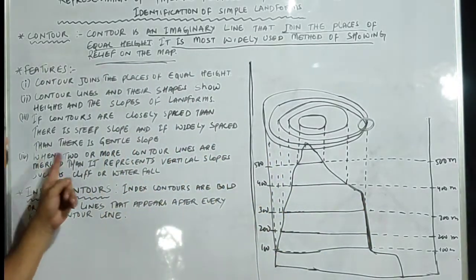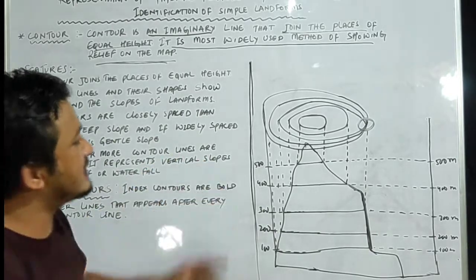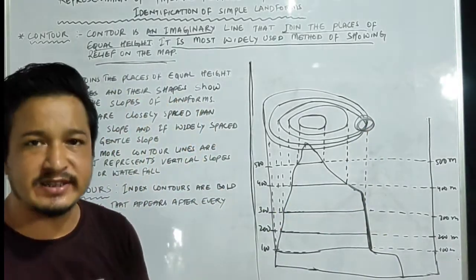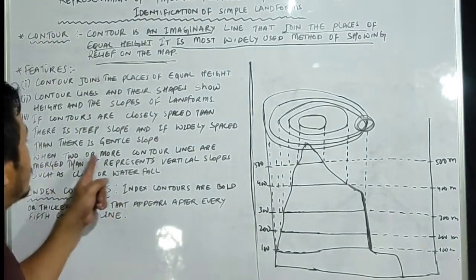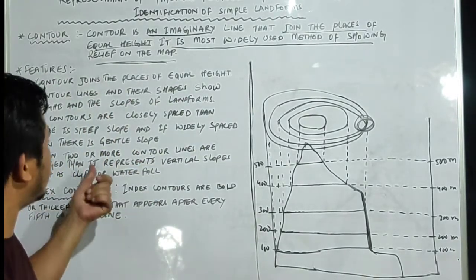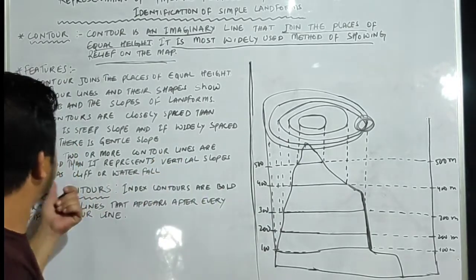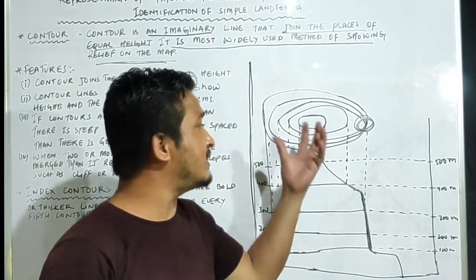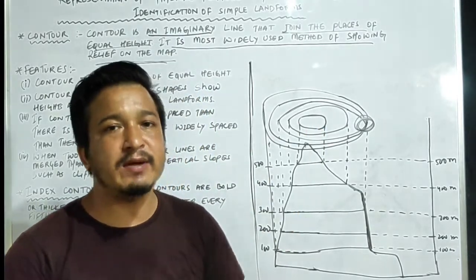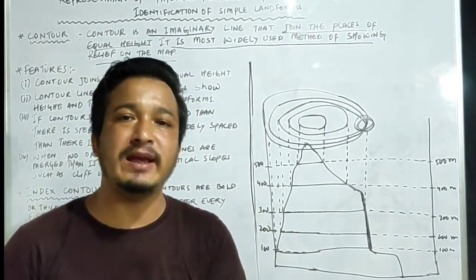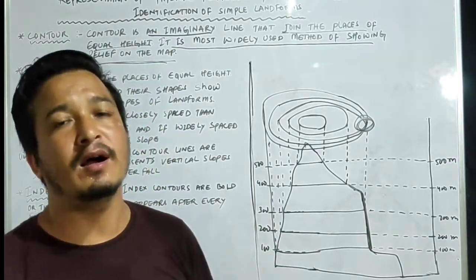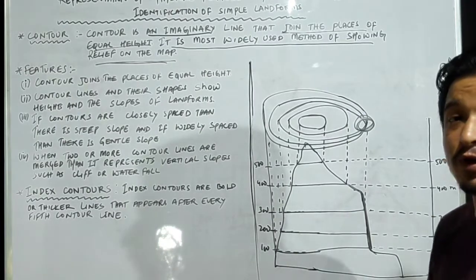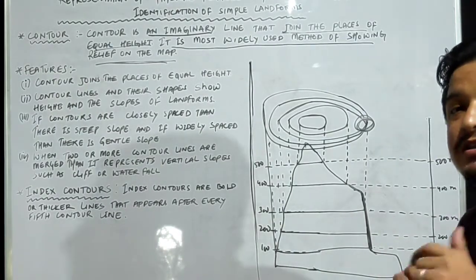So when two or more contour lines are merged, joined, it represents a vertical slope such as a cliff or waterfall. In the examination, if you are given this kind of contour lines and asked to locate the place where we have a cliff or waterfall, you have to find the merged contour lines.